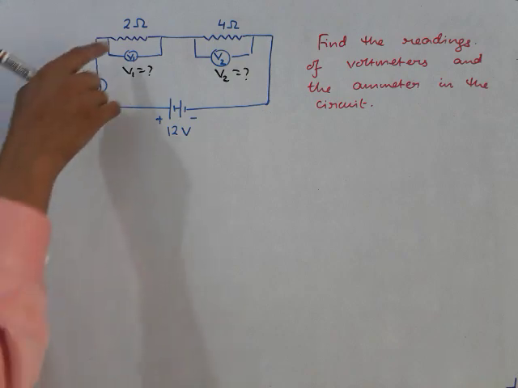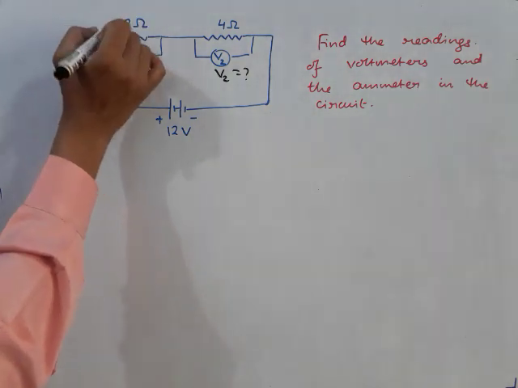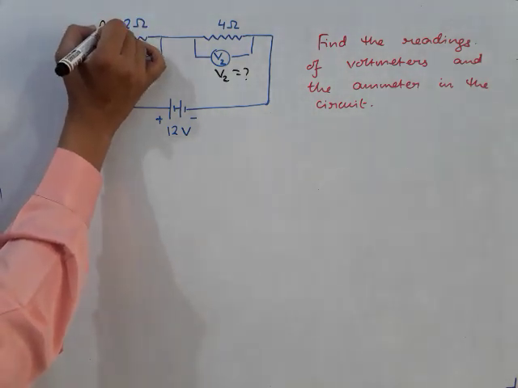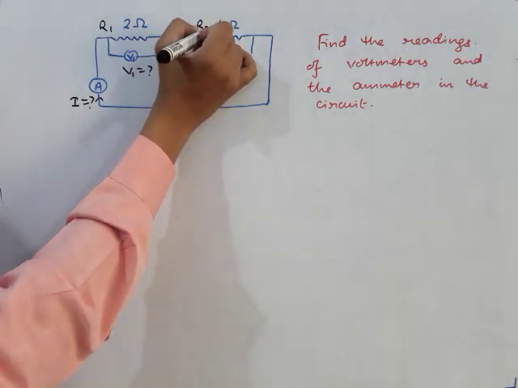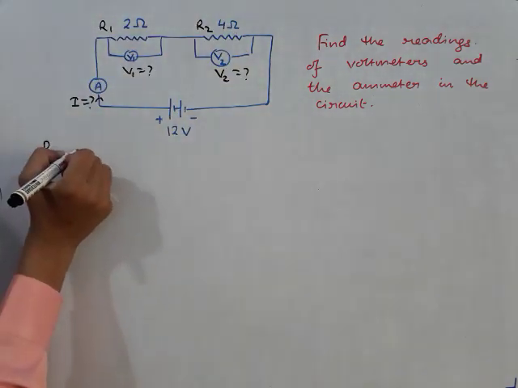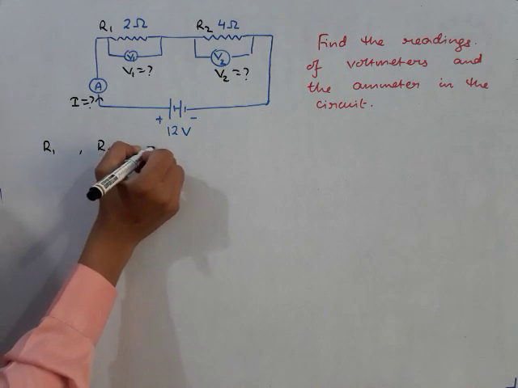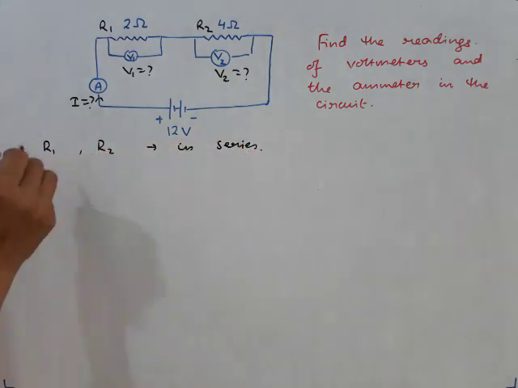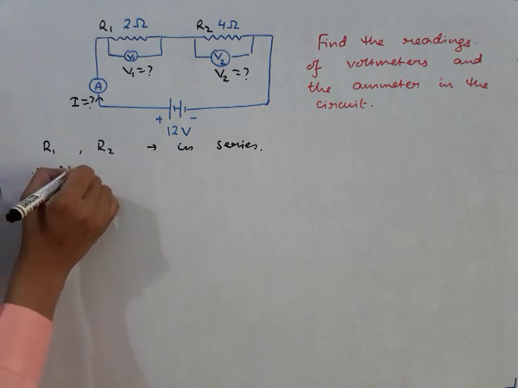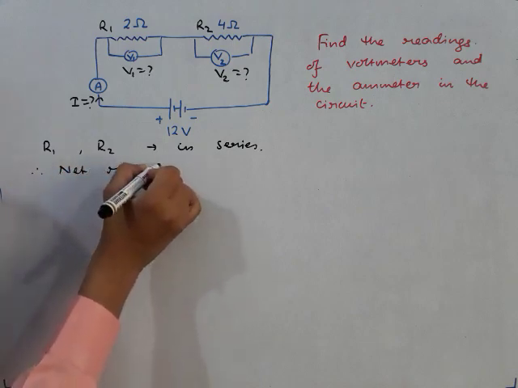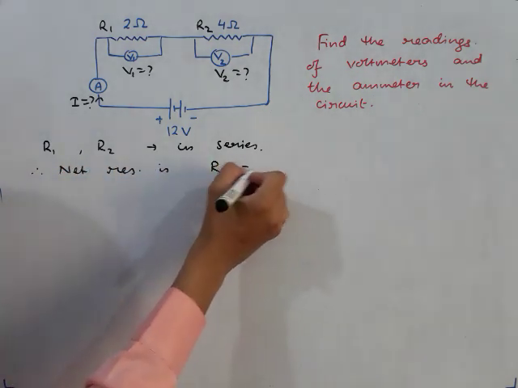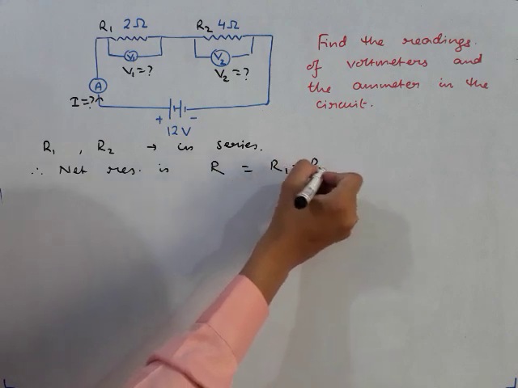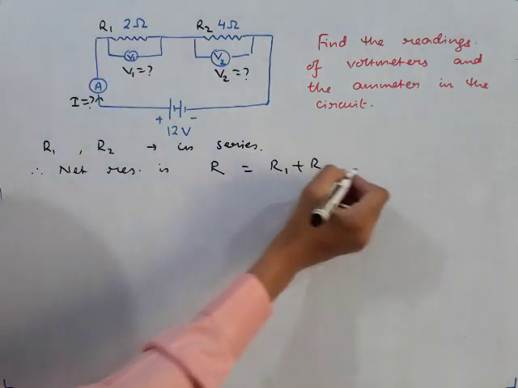Step 1. Suppose I call this resistance R1 and this resistance R2. So R1 and R2 are in series. Since they are in series, therefore net resistance R is equal to R1 plus R2, 2 ohm plus 4 ohm.